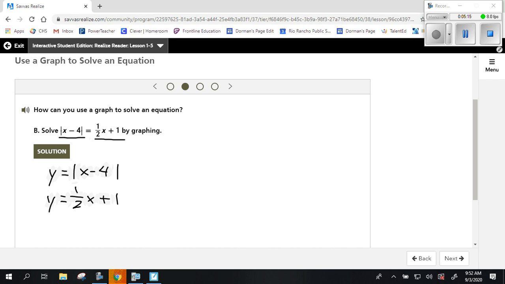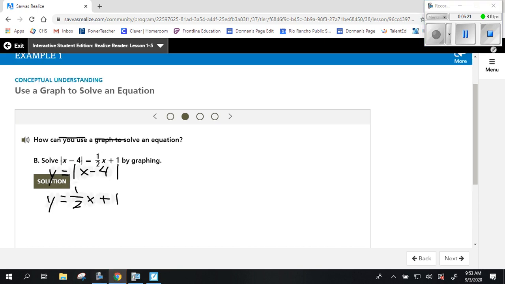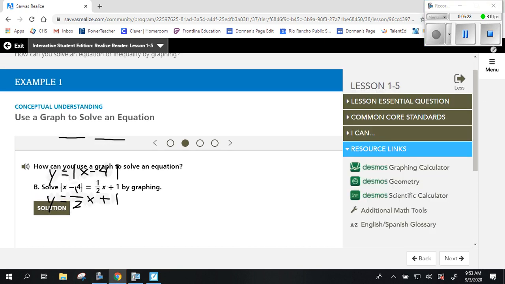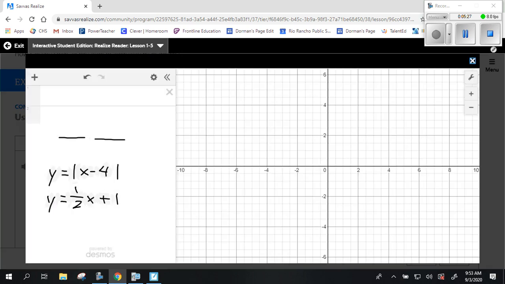I'm going to do this one on the Desmos calculator, just in case you don't have your TI-83 or 84 calculator handy. I'll click in one of these fields, and instead of the absolute value symbol, we're going to put in ABS and parentheses. We'll put what's supposed to be inside the absolute value, x minus 4.